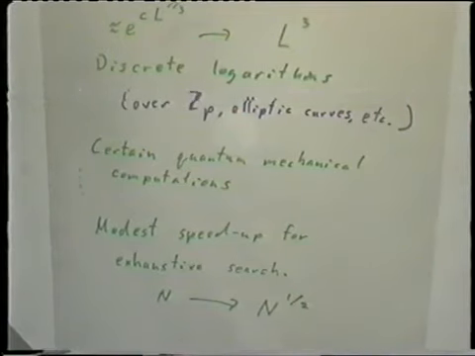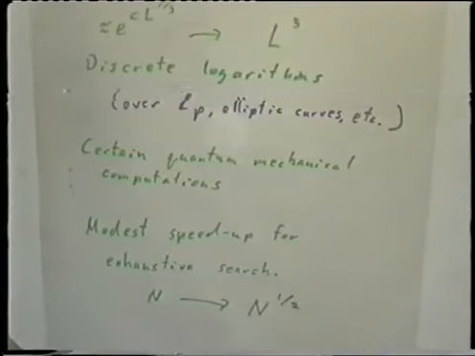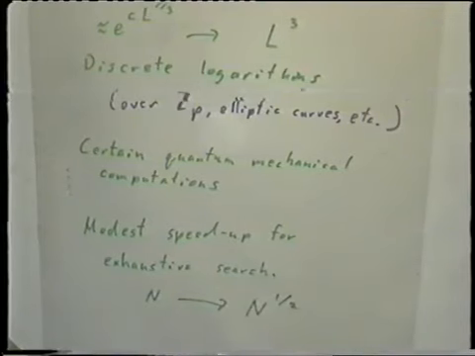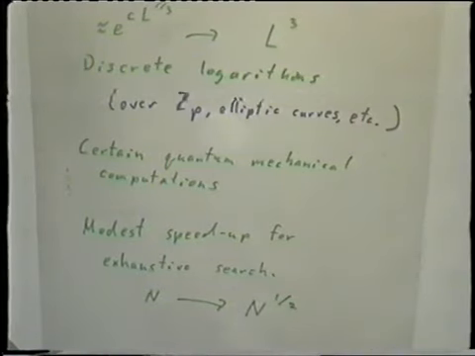In fact, that's what Feynman originally proposed them for. And Lov Grover has also shown that you can get a modest speedup for exhaustive search: if you want to search a space of n things, it takes n steps on a regular computer, and you can do it in order of square root of n steps on a quantum computer.